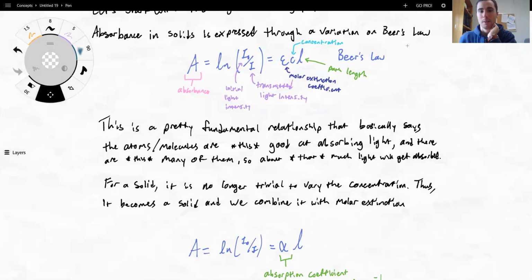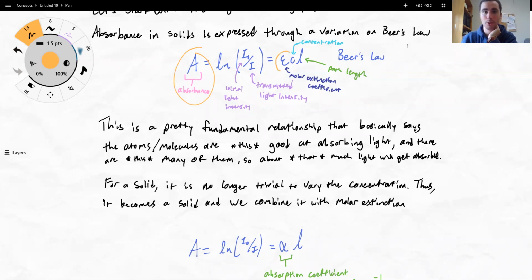So what it basically says is that the amount of light that is absorbed is proportional to, first of all, how good each of these molecules or atoms is at absorbing that wavelength of light, multiplied by how many of them there are per unit area, multiplied by how much area or volume there actually is, right?